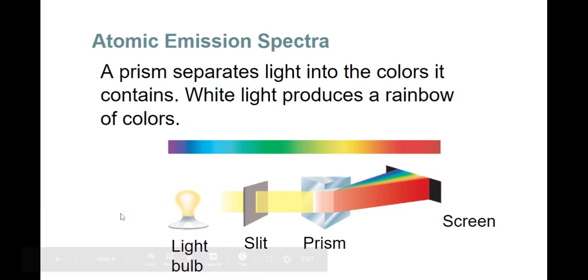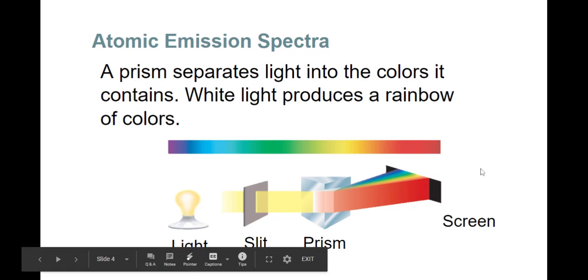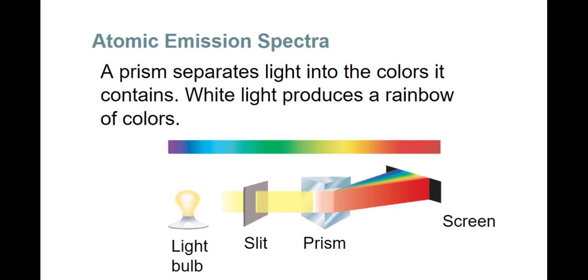So you can see here, you probably have all seen a diagram something like this before, but basically you have light and it's going through a prism, and that prism separates it into its rainbow of colors. That's when you just have white light, like from a light bulb.